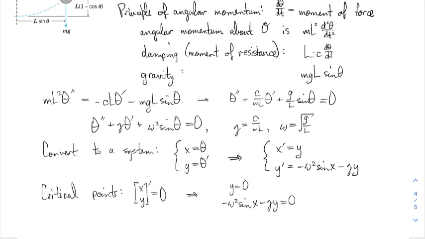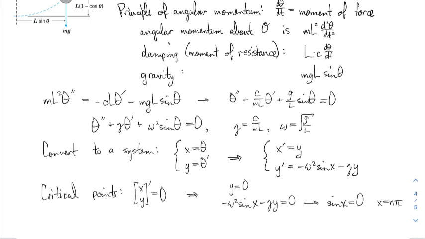And for that second one, if y is equal to 0, then we're just going to be looking at when sine x is equal to 0. And so then that's going to be when x is some integer multiple of pi.